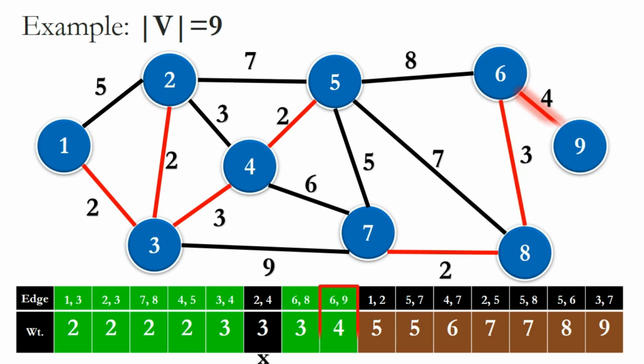Next element is the value 4 from reference edge of vertex 6 and 9. We're going to check if we include this vertex 6 and 9 to our spanning tree, kung magfo-form siya ng cycle or hindi. Since hindi siya nag-form ng cycle, we're going to include this vertex 6 and 9 to our spanning tree.